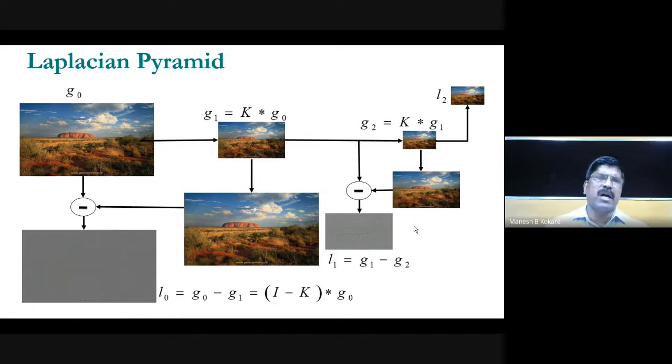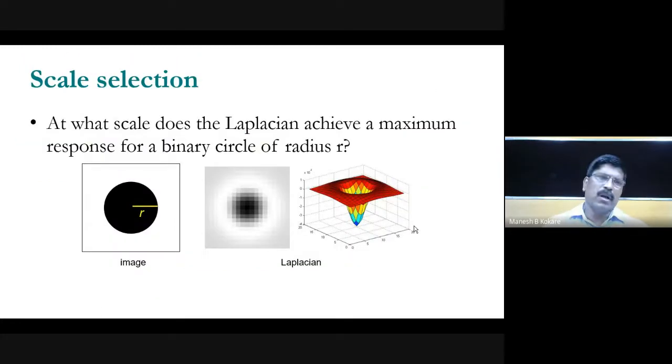Now the question is how to select the scale, right? Which scale is suitable for which kind of component in the image. For example here, suppose this is your image of a circular object having radius equal to r.